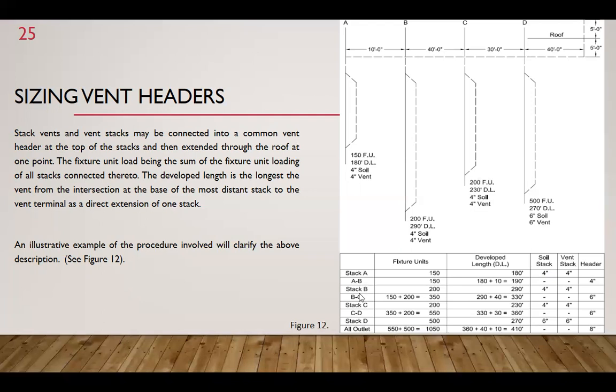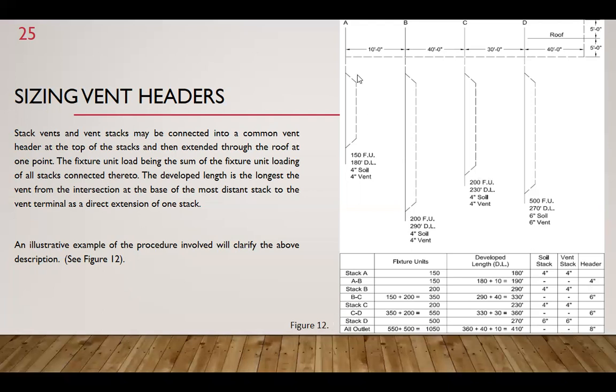A to B, ilan yun? Ang developed length mo is, ang fixture unit mo is still 150, developed length mo is 180 plus 10 or 190. Lagdag mo to. Ang header mo, size mo, as horizontal bend. Sa bend ka titingin ulit. Bend to bend. It's 4 inches.